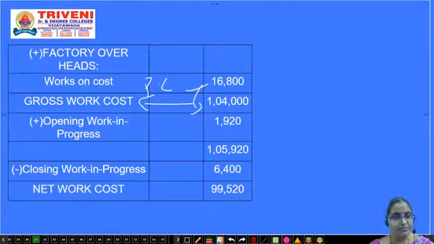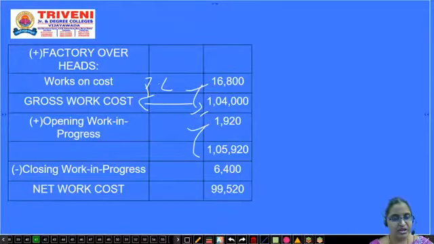After that, add opening work in progress. Opening work in progress on 1st April was given in the problem, so it was treated as the opening work in progress, 1,920. 1,04,000 plus 1,920, the amount you got is 1,05,920. After that, less closing work in progress.